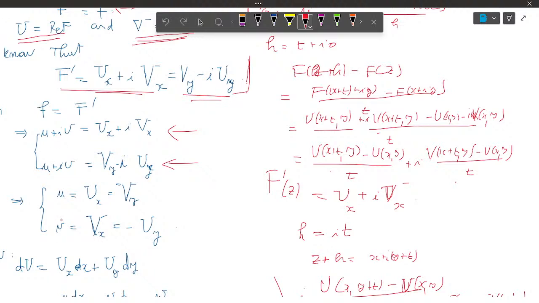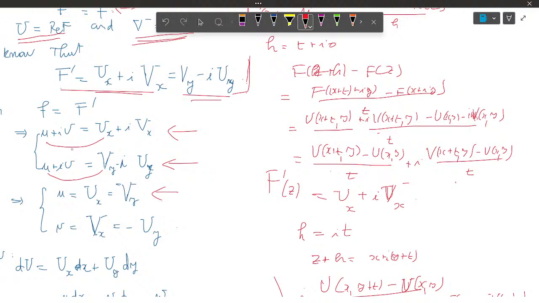And from those two, we have that small u is equal to the partial derivative with respect to x of capital U, and also small u is equal to the partial derivative with respect to y of capital V. So this gives us the first two equations.